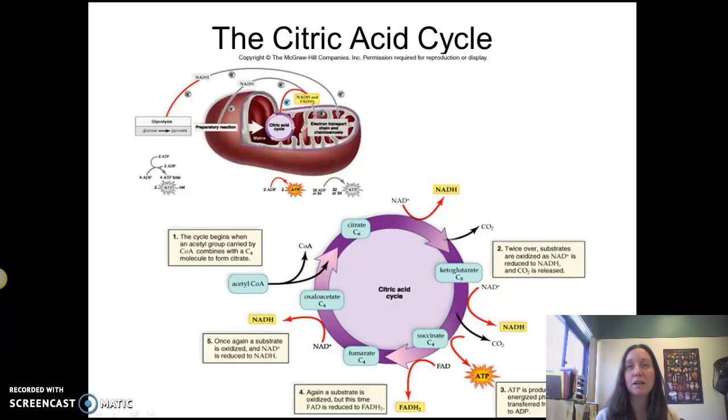So here we've completely broken down glucose, and the only thing that needs to happen next is to get the rest of the energy from it. So far we only have 4 ATP molecules, and cells typically need more energy than that. At least our human cells will need a lot more energy than that to do what they need to do.